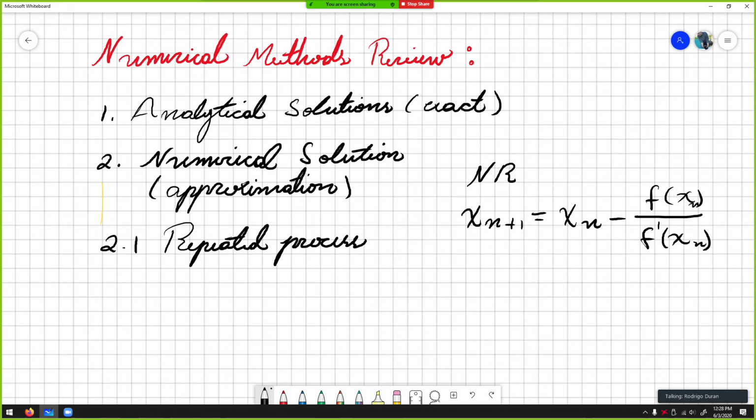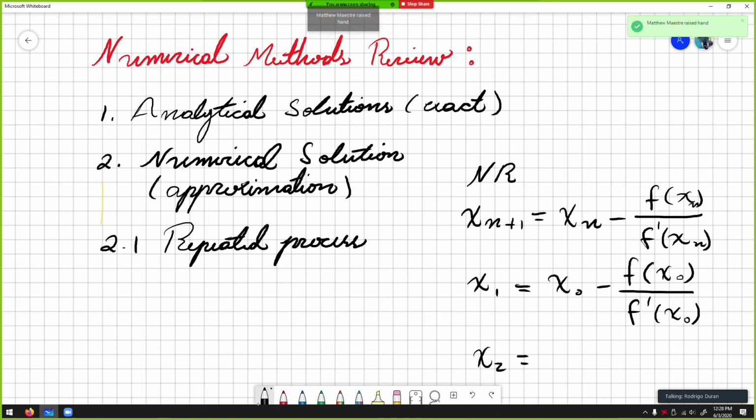So if I'm trying to find my first solution, I'm going to use my initial guess. I'm going to evaluate my function at the initial guess, and then the first derivative at the initial guess. Then I take this value to find the second approximation of my root. Again, this is all the same root. I'm just finding a better approximation.